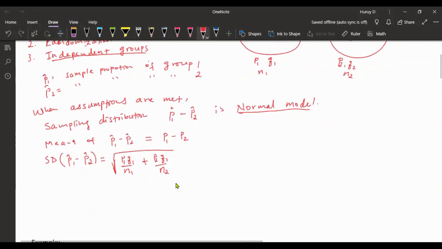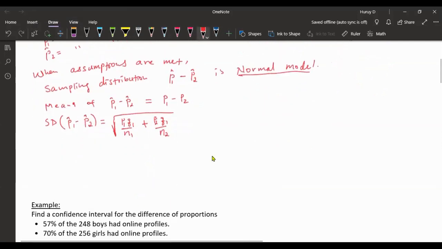Okay. So how about if we don't know the population parameters?